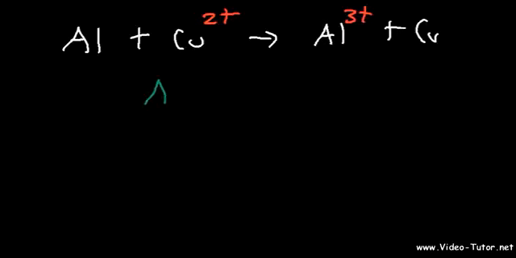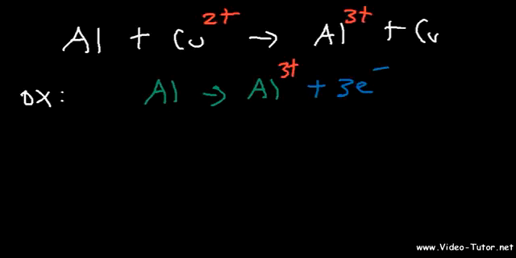So let's start with aluminum. We need to add 3 electrons to the right side to balance the charge for aluminum. So that's it for that half reaction. And this half reaction is known as oxidation. Now for the second one, we have copper 2 plus on the left and copper on the right side.